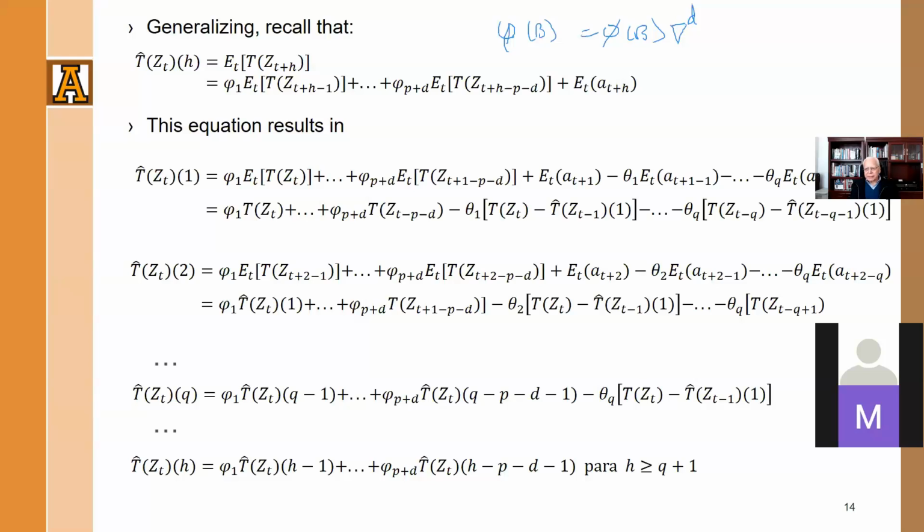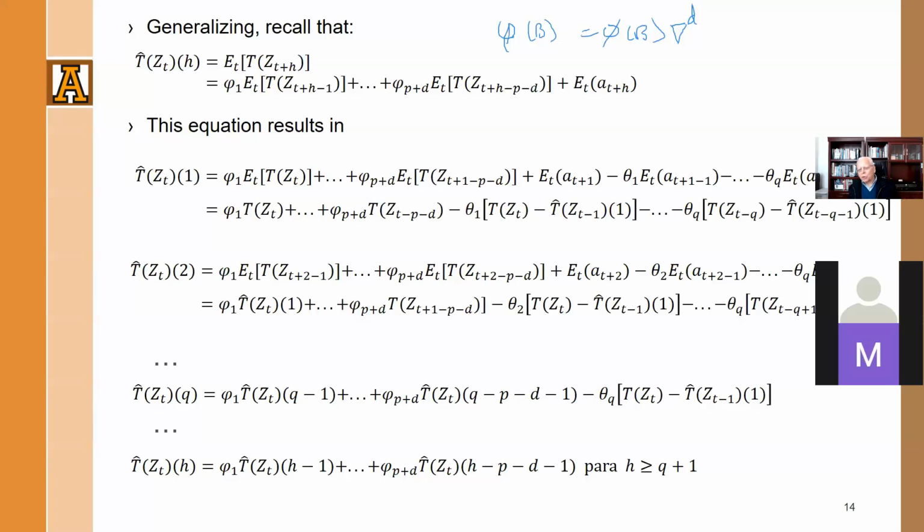It involves the optimal forecasts h minus 1 periods ahead, h minus 2, up to h minus p minus d, which is this last term. So that autoregressive polynomial determines the behavior of the forecast for periods ahead greater than or equal to q plus 1, where q is the order of the moving average polynomial.